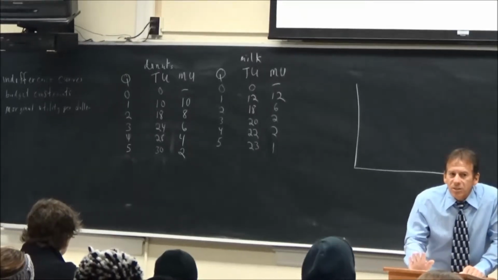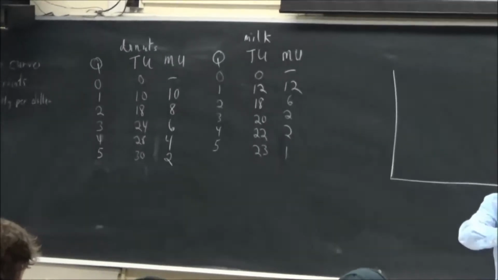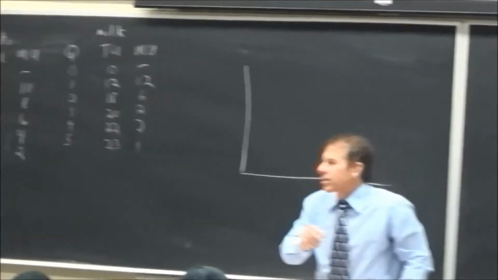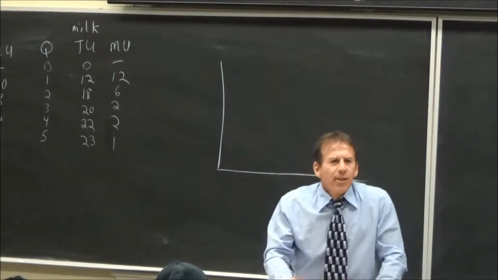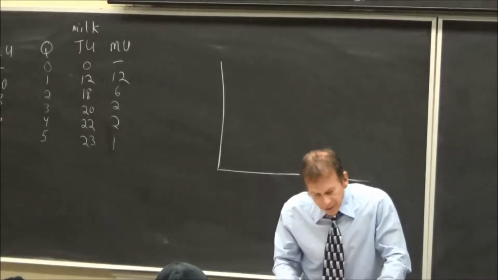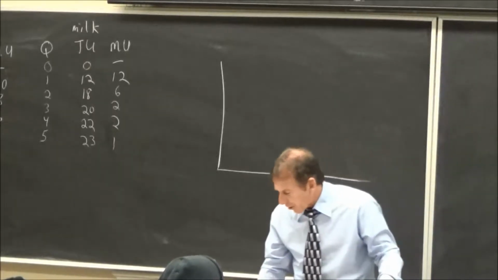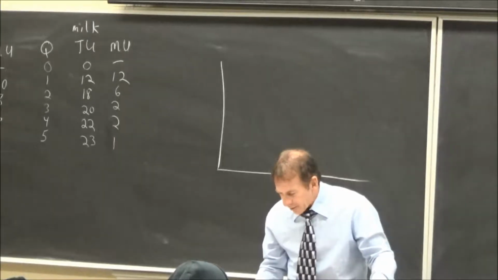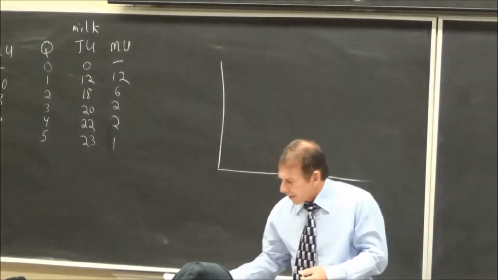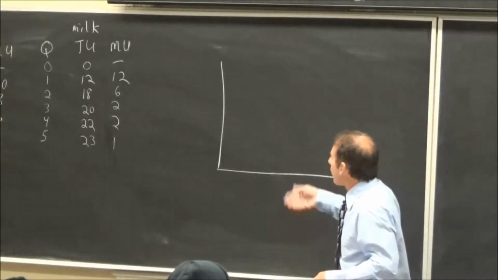What an indifference curve is, is a graph or a picture that shows the different combinations of goods that will bring you the same utility. So in this case, we have a couple of different goods that can bring us a certain level of utility.